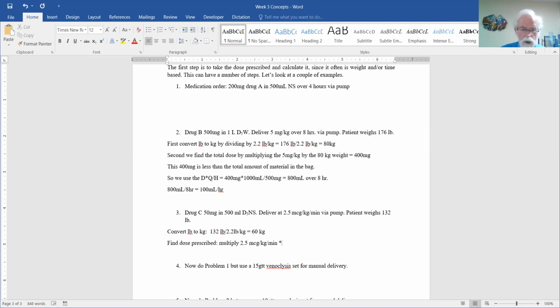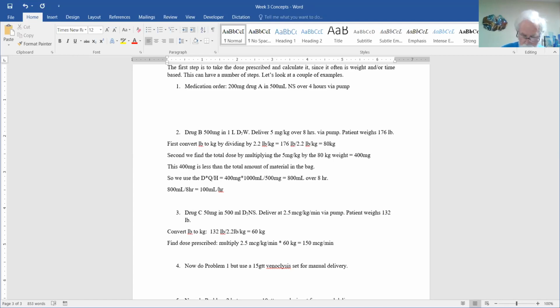So that's going to be times 60 kilos. And that's going to equal now 150 micrograms per minute.